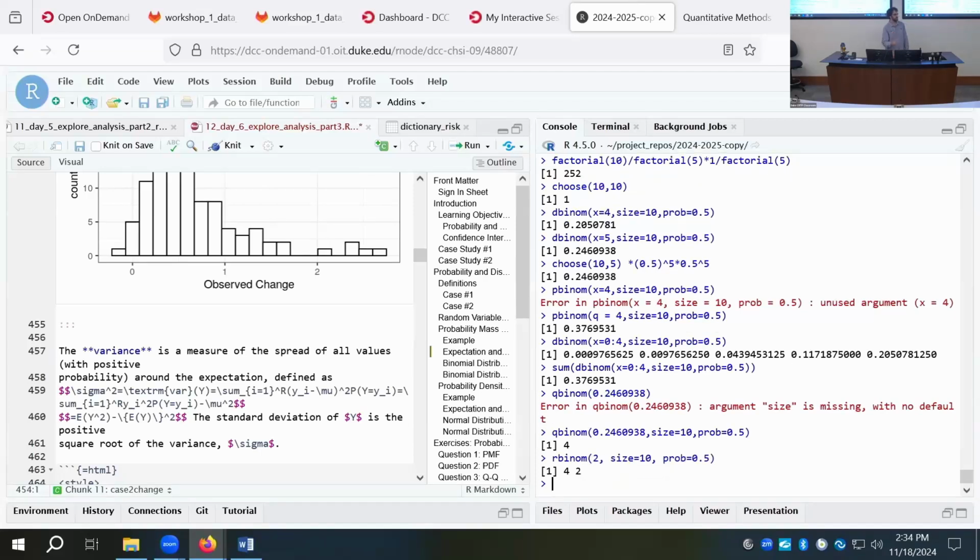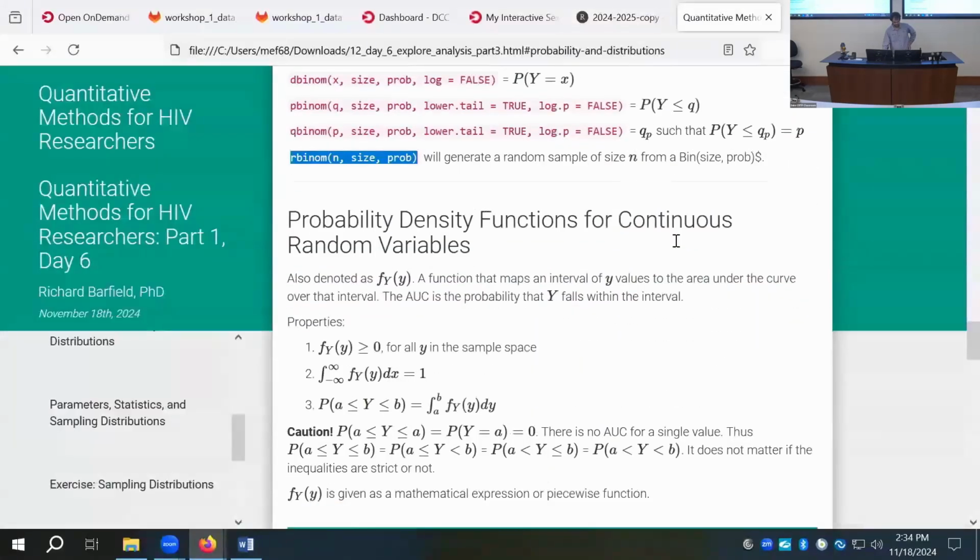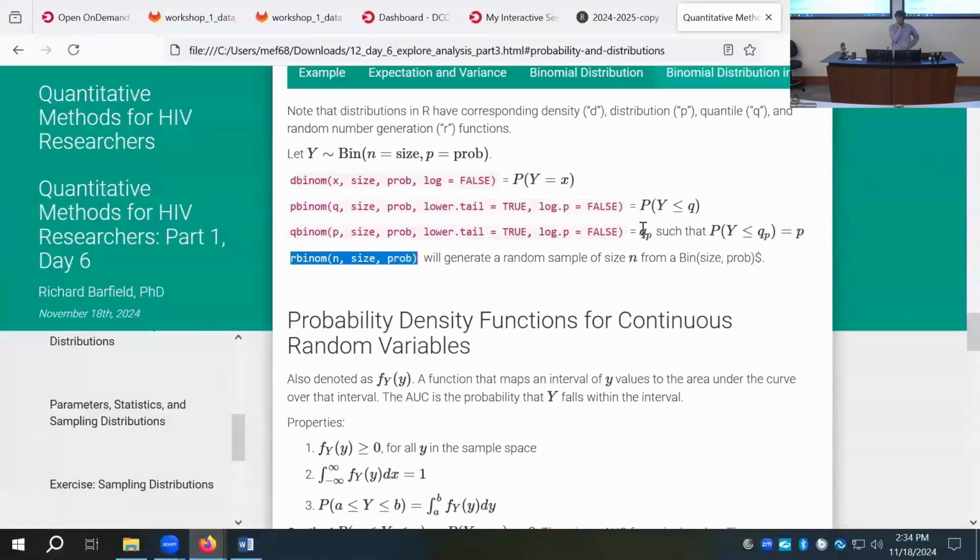It's going to give me 2 random variables. Okay. Any questions on the probability mass functions? No? Good. All right. So now we'll go on into the random variables.